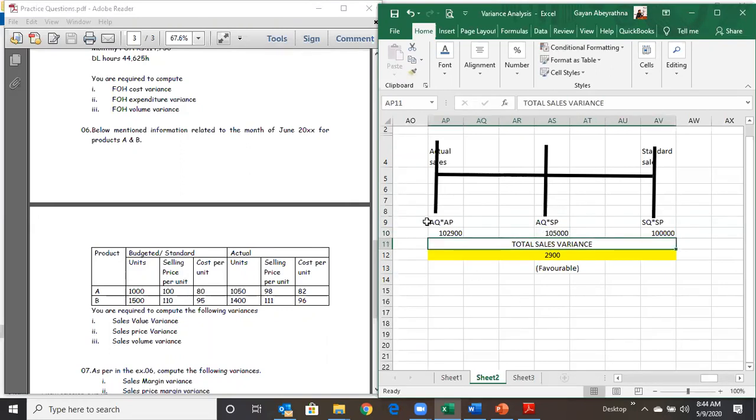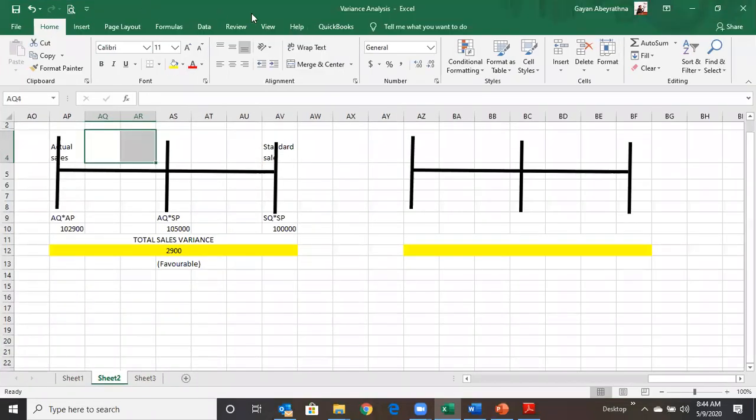Here you can see actual quantity into actual price, actual quantity into standard price. The reason for the difference of these two columns is price, that is known as sales price variance.